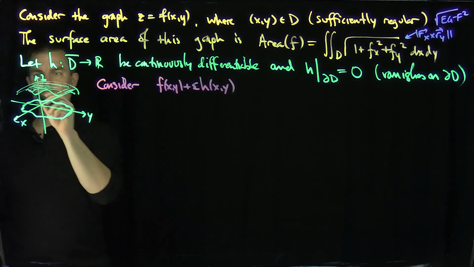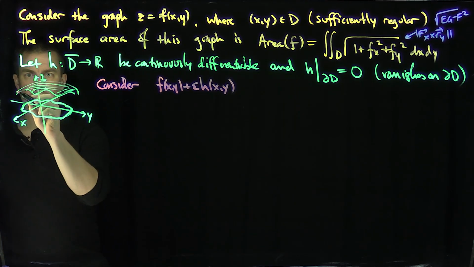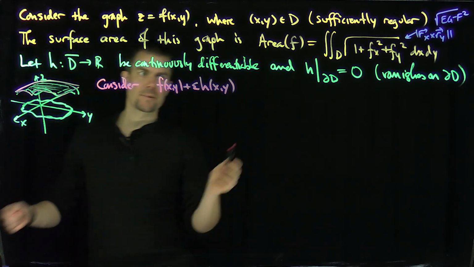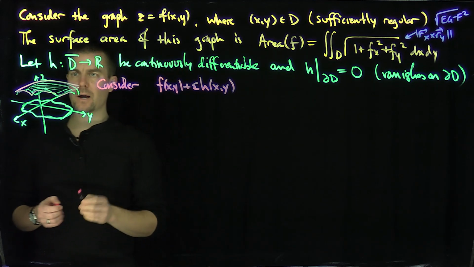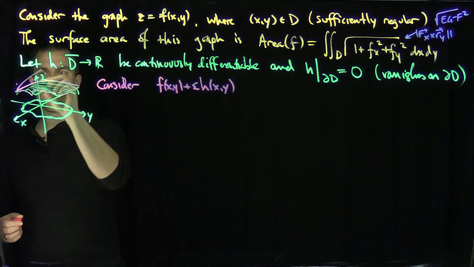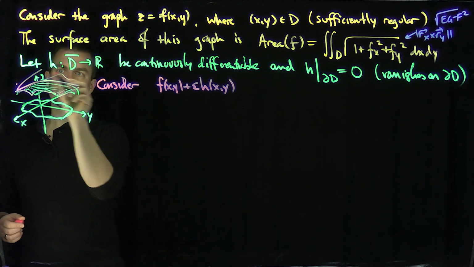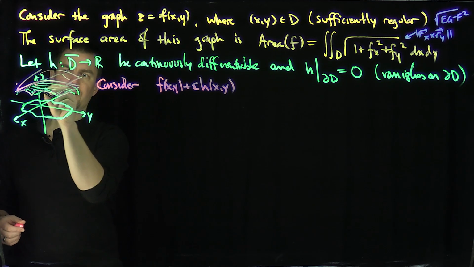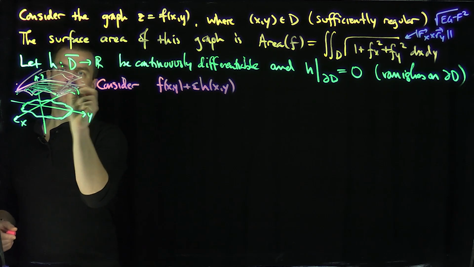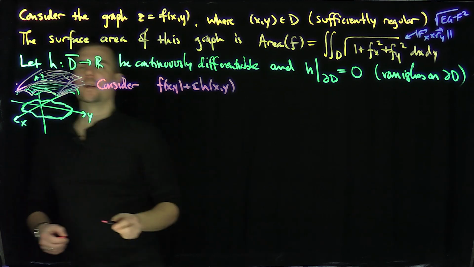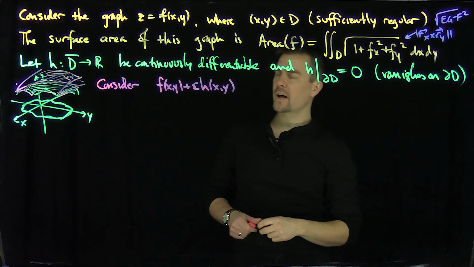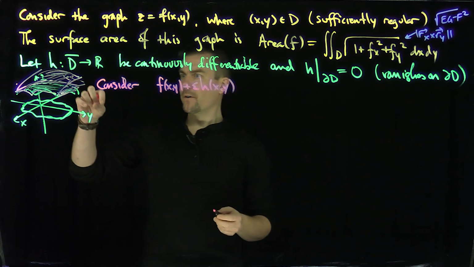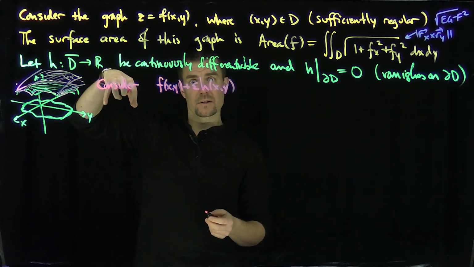I have the same boundary, because if I plug in the points on the boundary, the boundary stays static. Since h vanishes on the boundary, the boundary is mapped to the boundary. You might have a different surface, but the same boundary and a different surface area. Now the question becomes: how can I find the function f that minimizes this surface area relative to this fixed boundary?